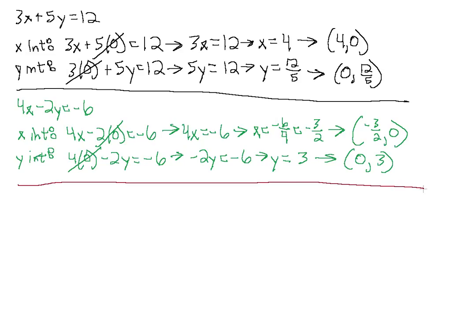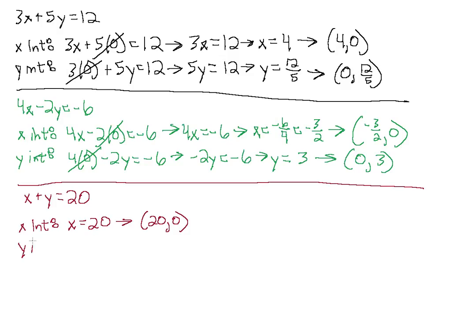Okay, let's get a little more practice in. Let's say we have x plus y equals 20. Okay, both our coefficients are 1 here, so this is actually going to be pretty simple. Our x-intercept is just when y is 0, so we're just going to have x equals 20. So our x-intercept is 20 and 0.